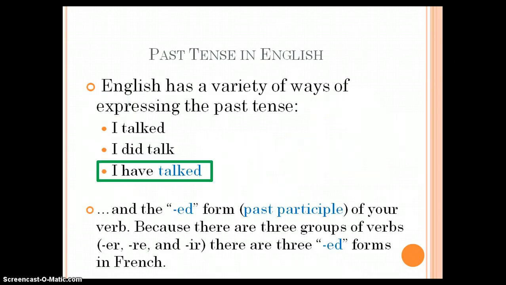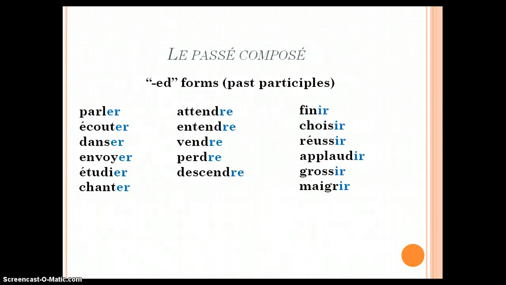As well as the ed form, or in grammar speak, the past participle of your verb. And because there are three groups of verbs, er verbs, re verbs, and ir verbs, there are three ed forms in French. Le passé composé and the ed forms are the past participles.